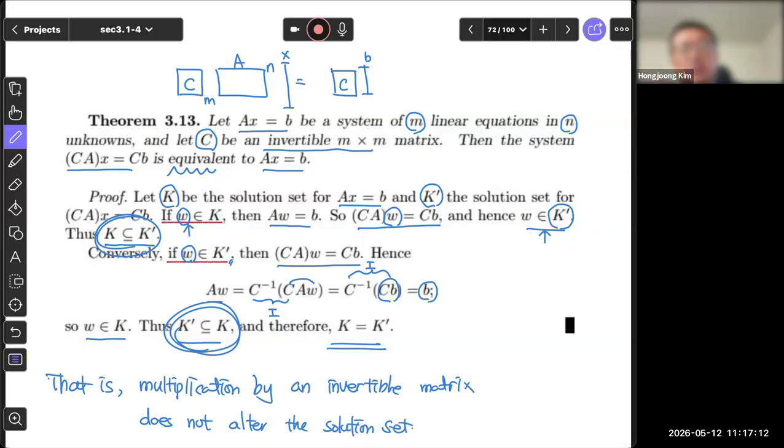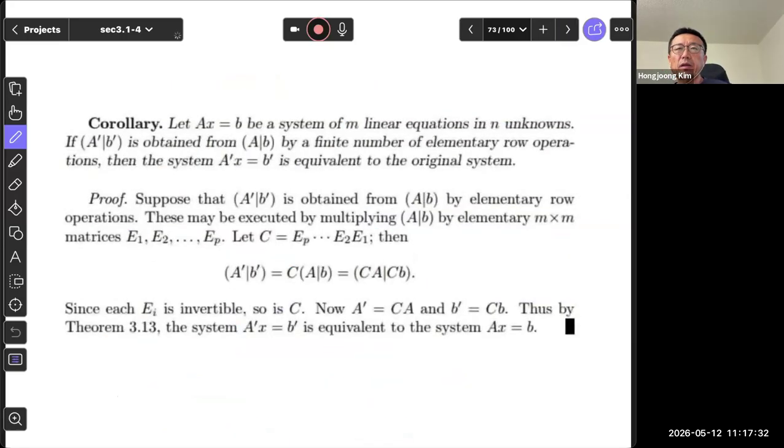That is the meaning of Theorem 3.13. So multiplication by any invertible matrix does not change the solution set. As a special case, one of the invertible matrices is an elementary matrix. So if I pre-multiply any elementary matrix, it does not change the solution set.